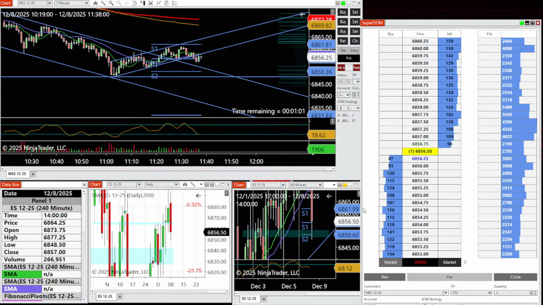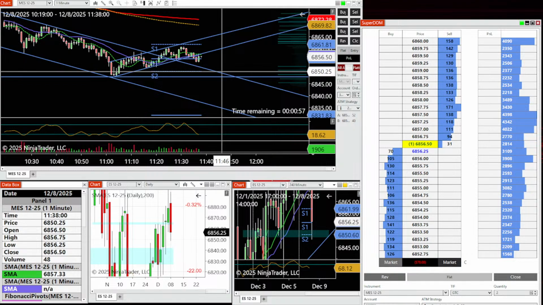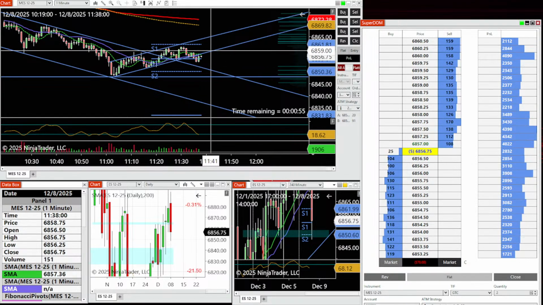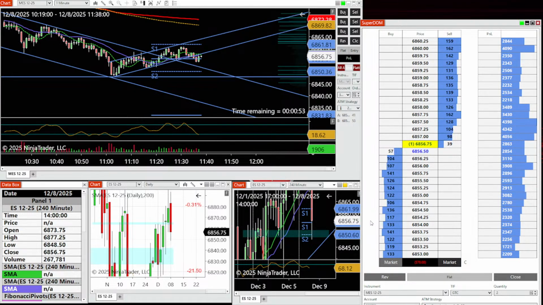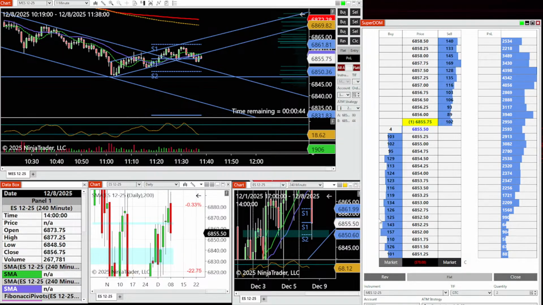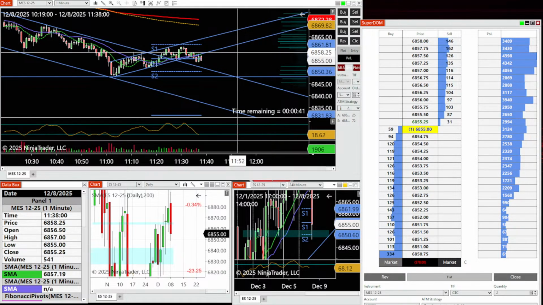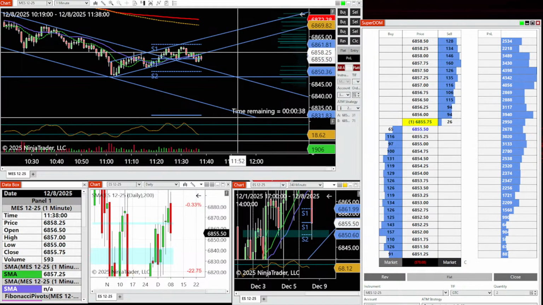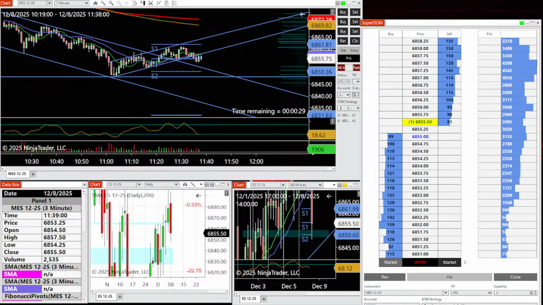Should I wait till we get back above that trend line? Because we could be following this trend line down, or we could be following this trend line up and get above here. Which trend line?